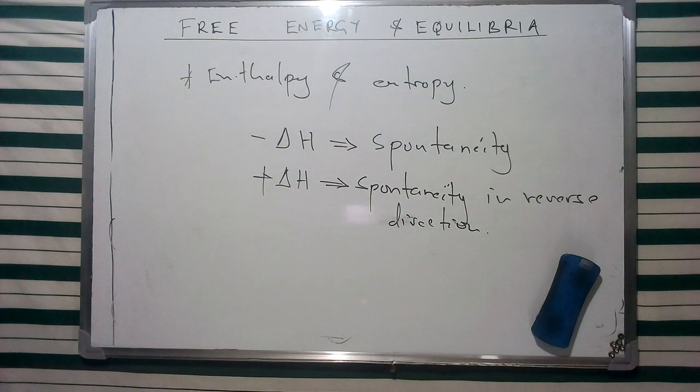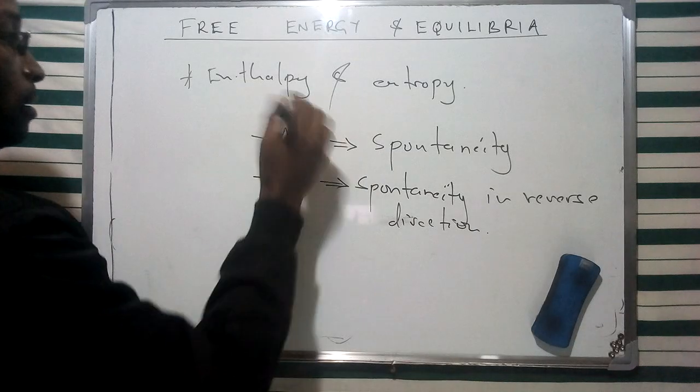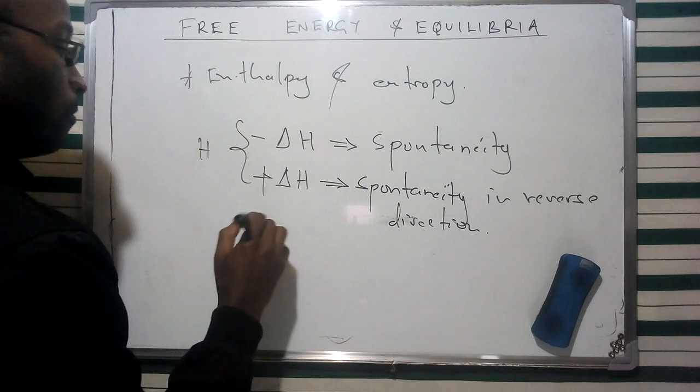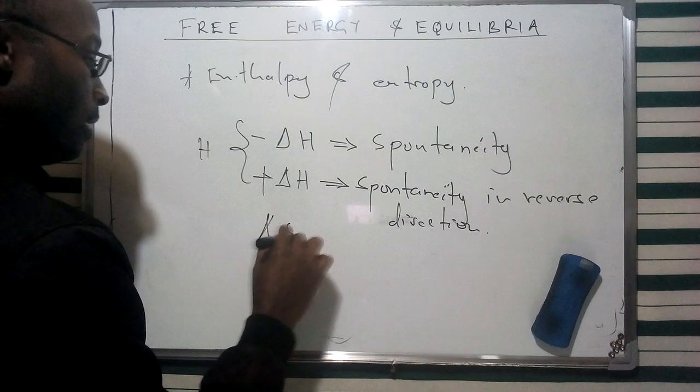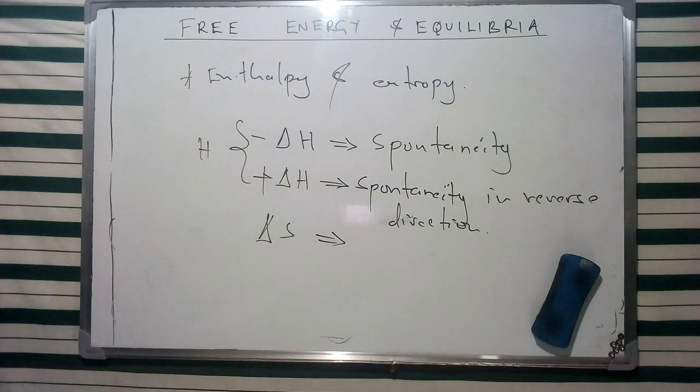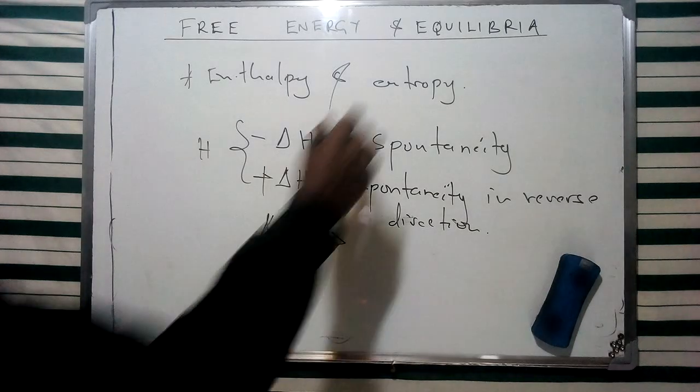So this is for the case of enthalpy. Now the concept of entropy: we are going to see that delta S, the entropy of the universe, is going to imply the concept of spontaneous change. And of course, there was some criteria that was used in order to show the effect of changes on the position of what we refer to as equilibrium.